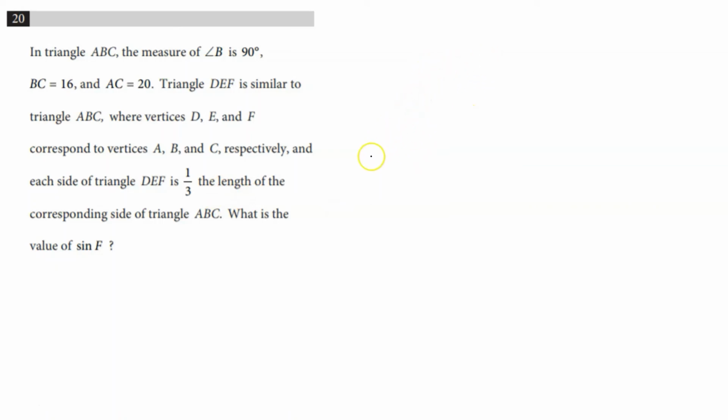So we have our triangle ABC with the right angle at angle B. So let's say that's angle B. Thus, line segment AC is 20, which is our hypotenuse because it's the longest side of a right triangle.